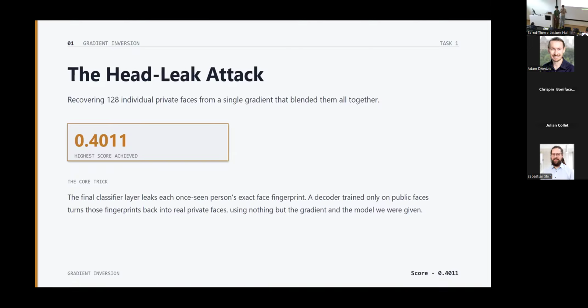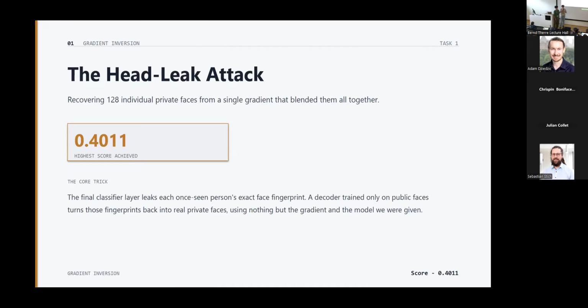We have a fingerprint for the different images, and we then trained a decoder that allows us to map a fingerprint to a picture, and we used a public face data set comprised of 12,000 images for that.